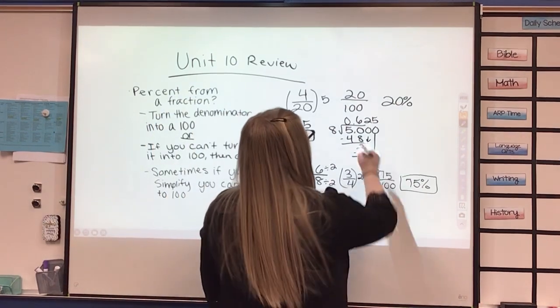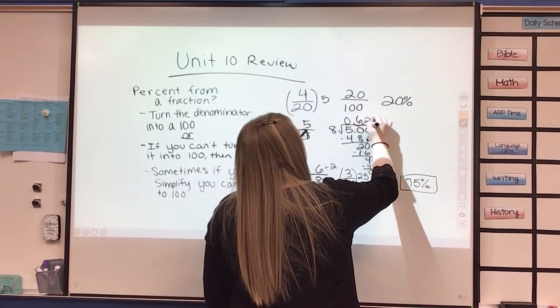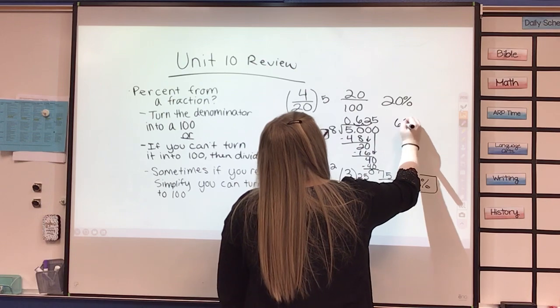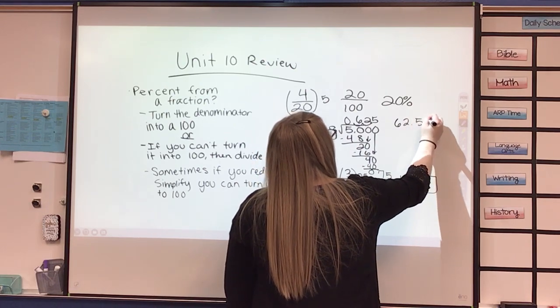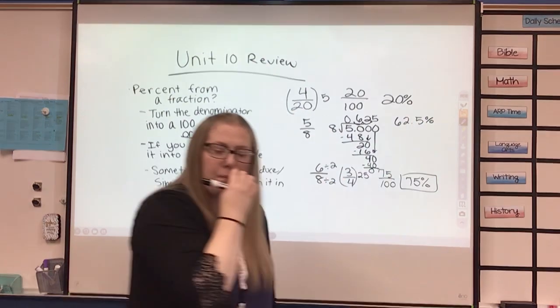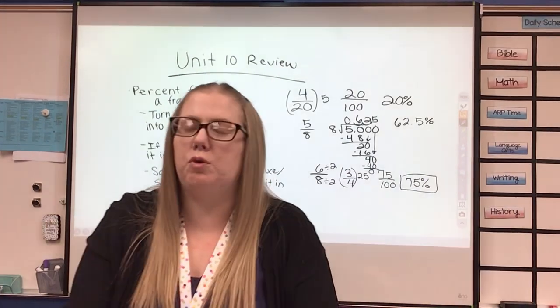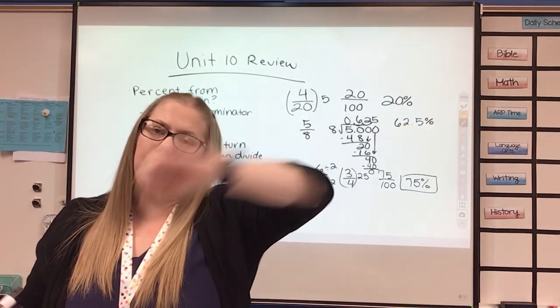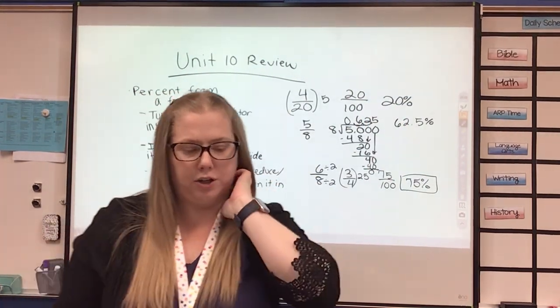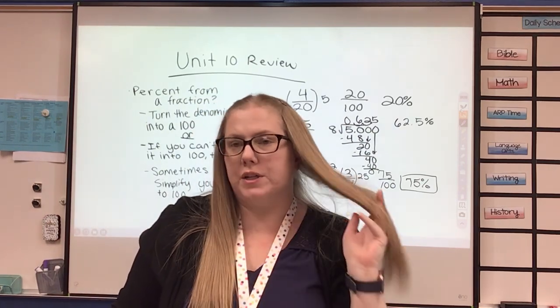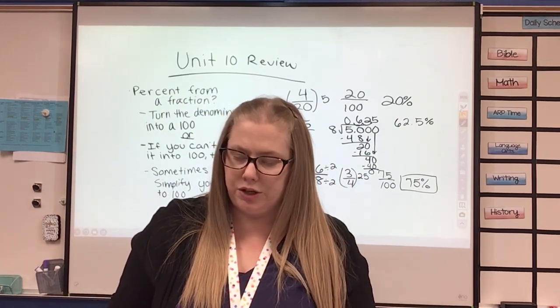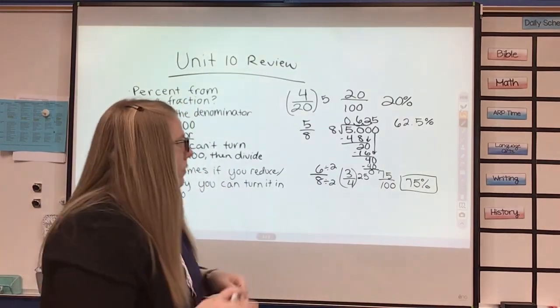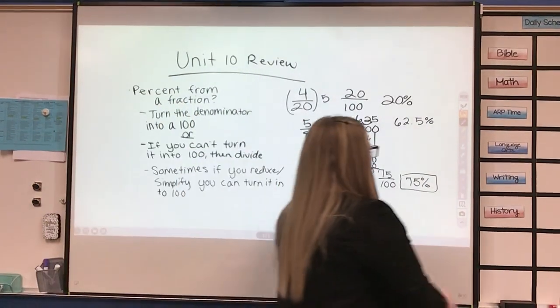So I'm going to go swoop, swoop. So now I have 62.5%. Okay? So that is what you do if you need to change a fraction into a percent, and you're going to see that on your review for today that you guys are going to do as your assignment. So, moving on, I'm going to go ahead and erase this.